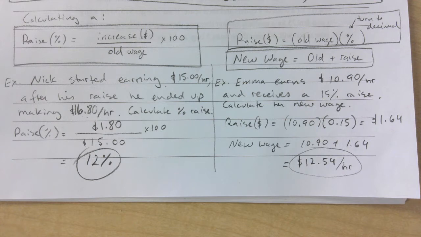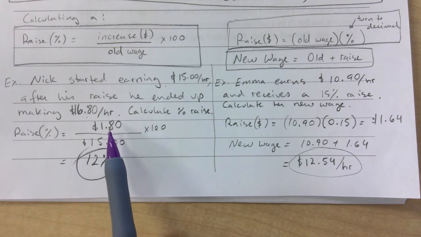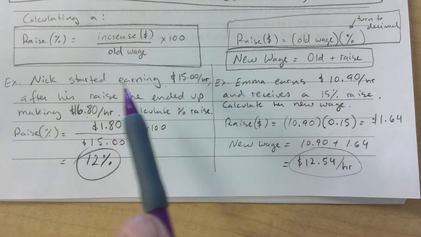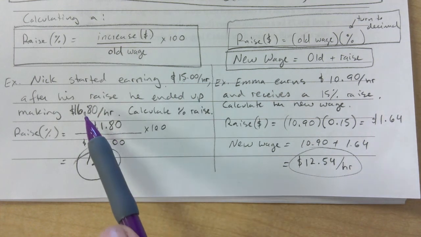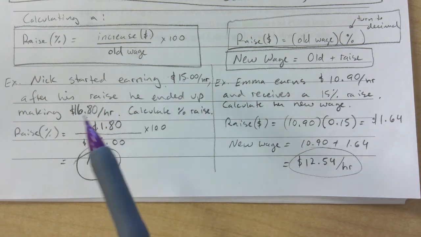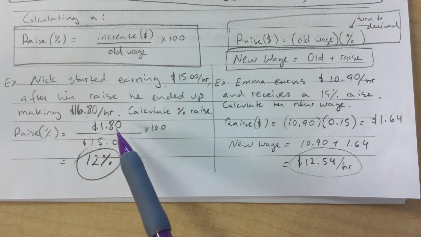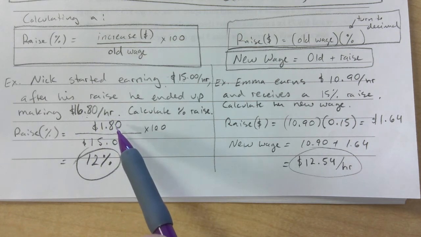No, this is actually correct because the increase, okay, the increase is how much did you go up by from 15 to 16.80? So the actual increase, the amount that they increased it by, is $1.80. So that is actually what I meant to have here.